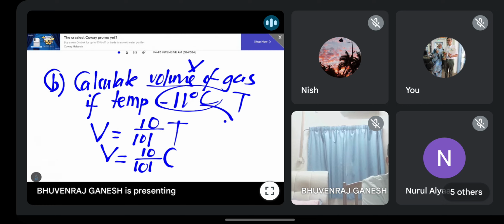So, what is the value, guys? Can you all tell me in Kelvin? What is the value? Negative 11 degrees Celsius. Anyone?